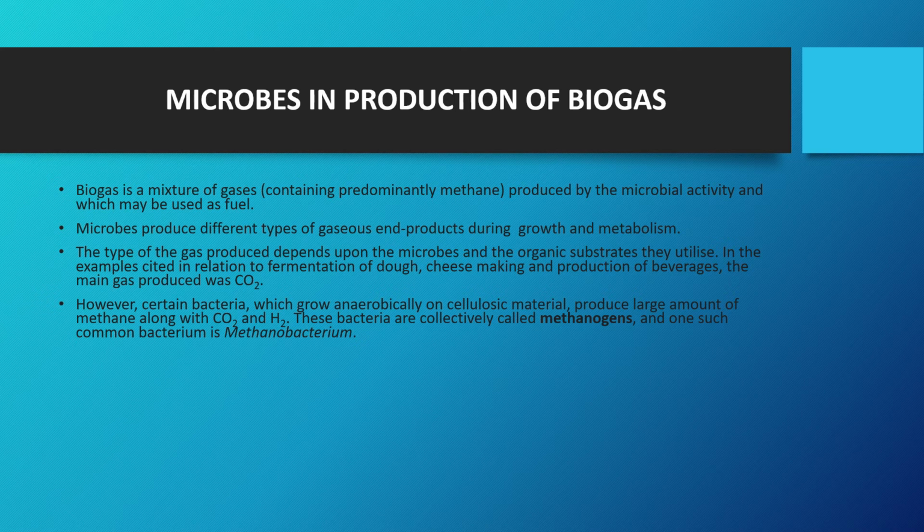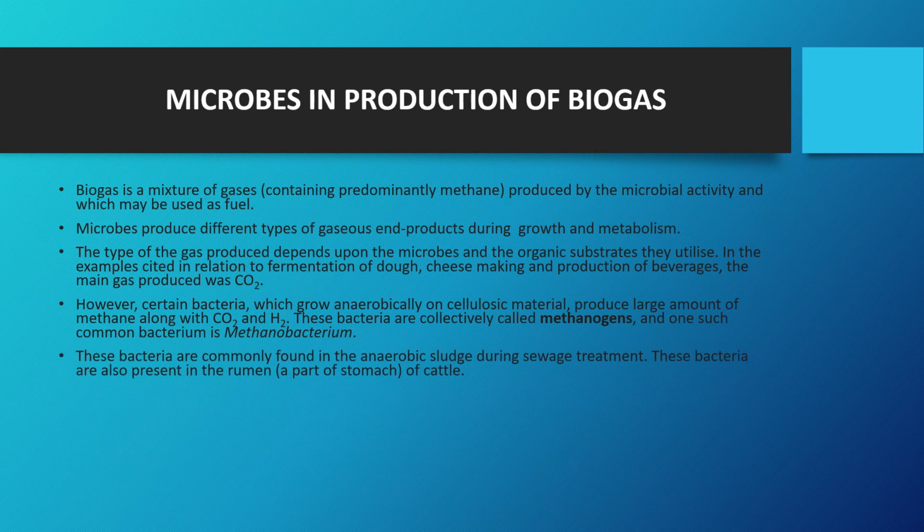These bacteria are collectively called methanogens, and one such common bacterium is Methanobacterium. These bacteria are commonly found in the anaerobic sludge during sewage treatment. These bacteria are also present in the rumen of cattle.